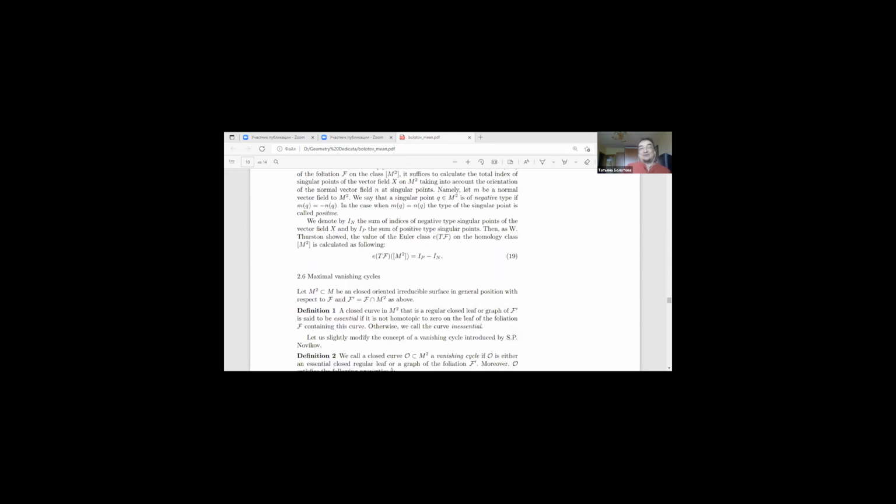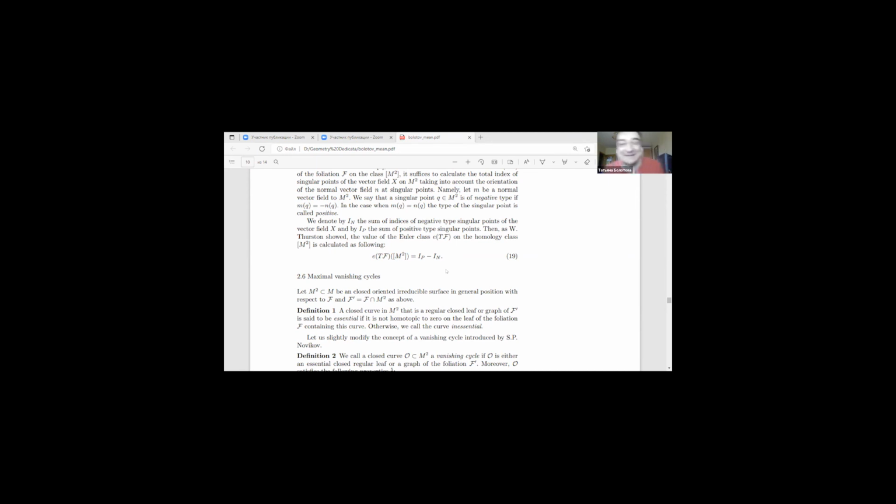If it is the opposite orientation, the singular point has a sign minus. So the Euler characteristic can be calculated as the sum of positive indices minus the sum of negative indices, where negative indices are those of singular points where we have different directions of normals.